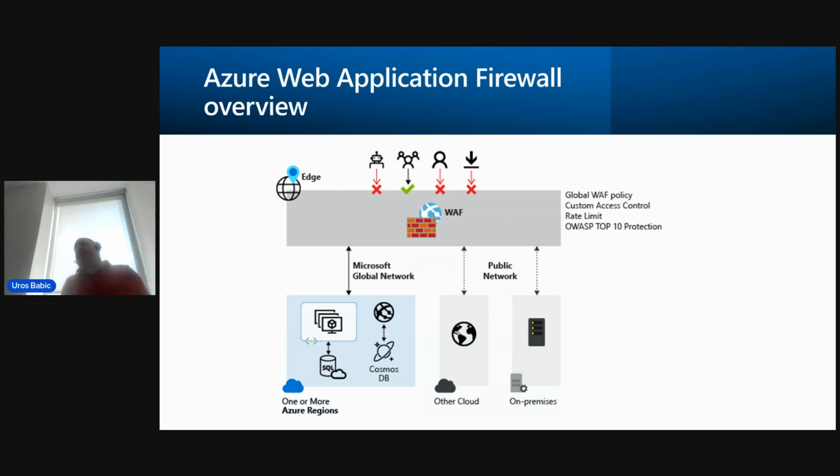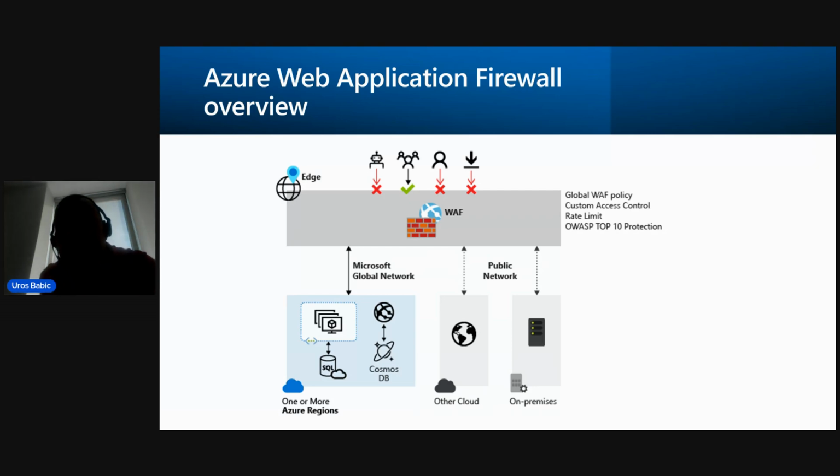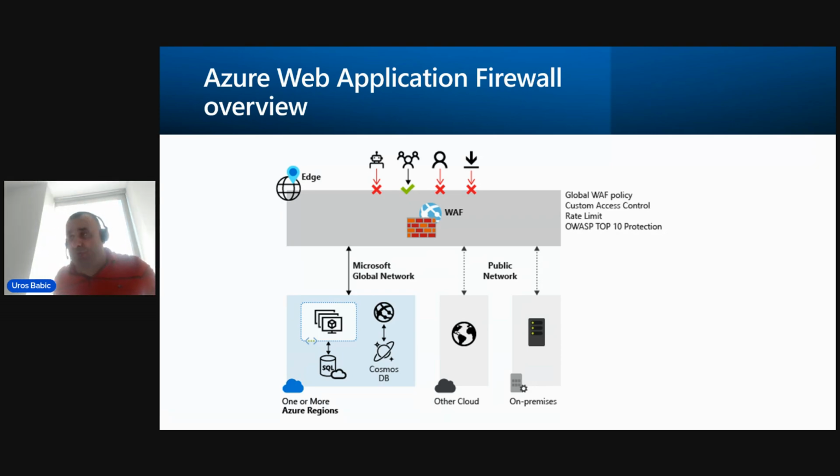I can create a web application firewall policy, and after that I can customize access control with privileged identity management roles or role-based access control. I can show you during the practical demo, and I can define some rate limits.